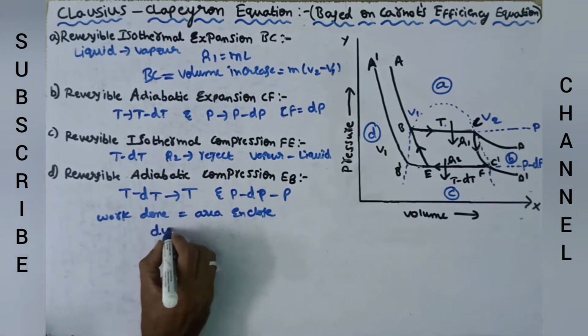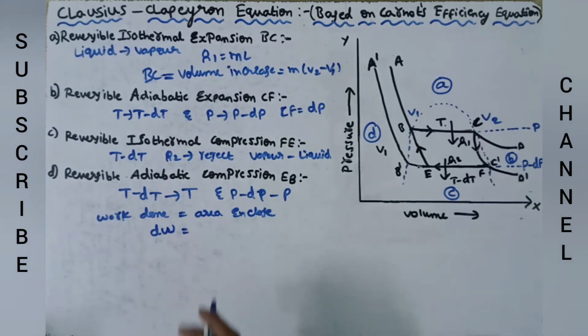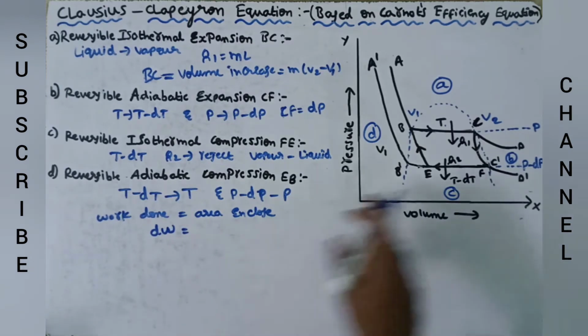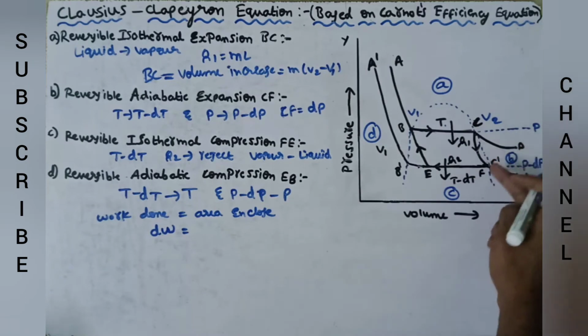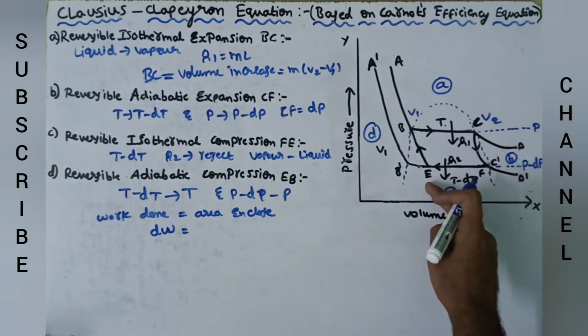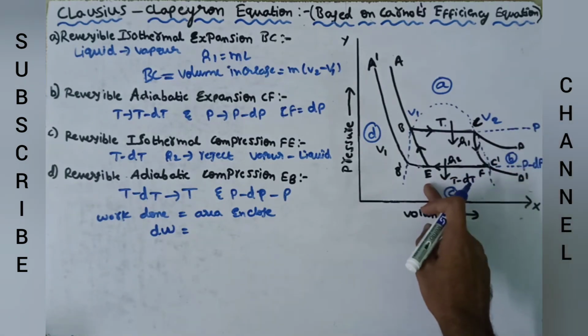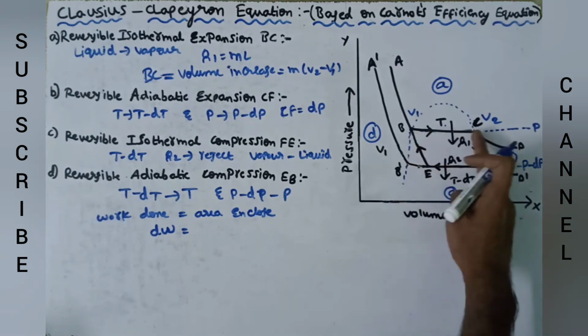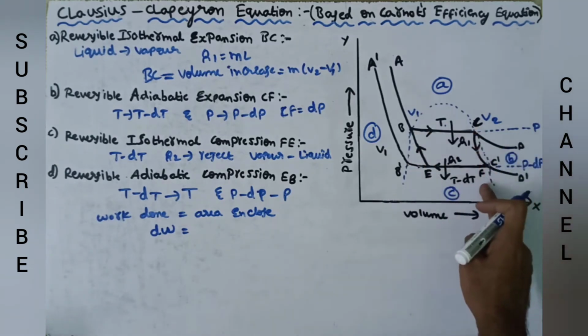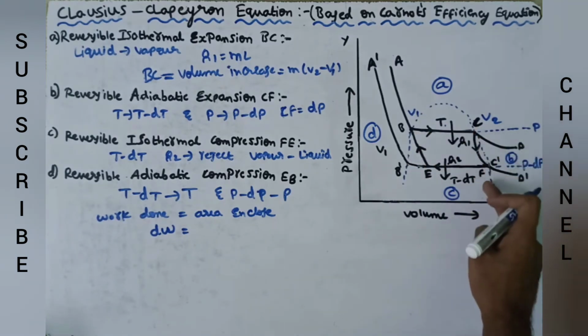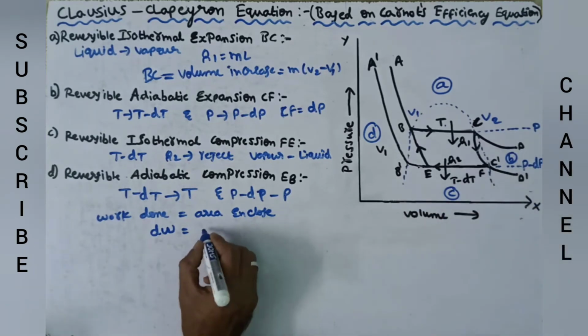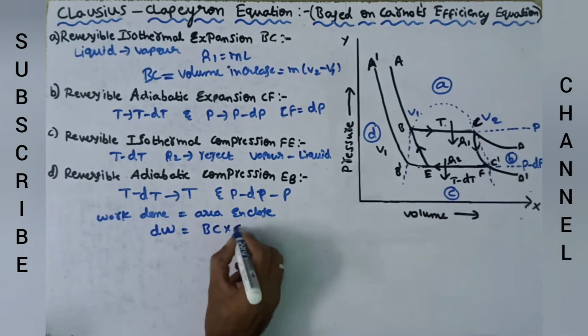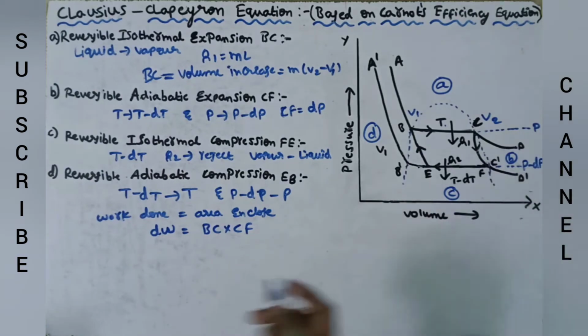Here dW is the work done, equal to the enclosed area BCFE, which looks like a rectangle. So we write BC into CF, length into breadth.